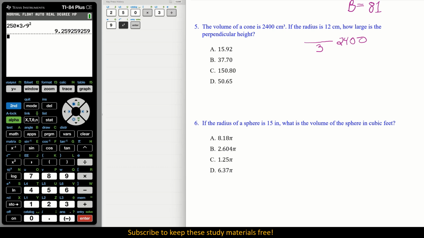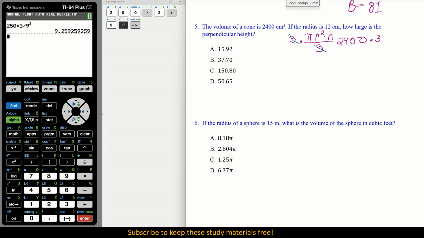We have pi r squared times height. So we need to multiply both sides by 3, and the 3s cancel out.